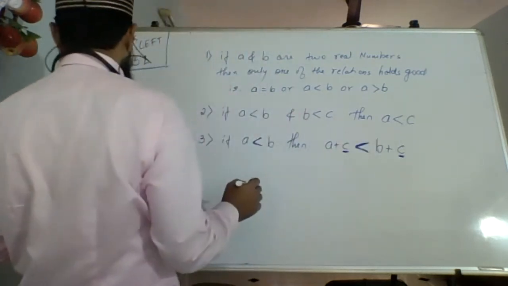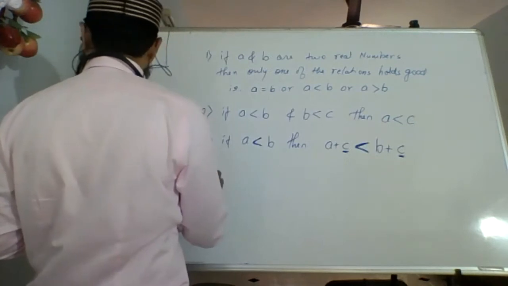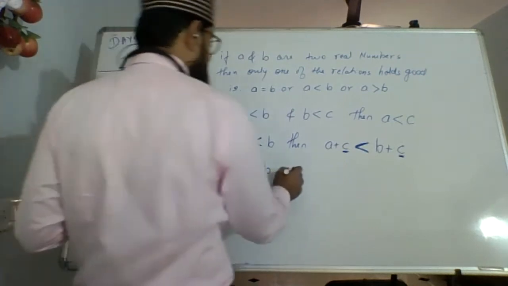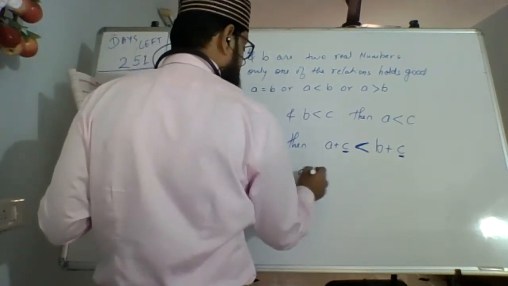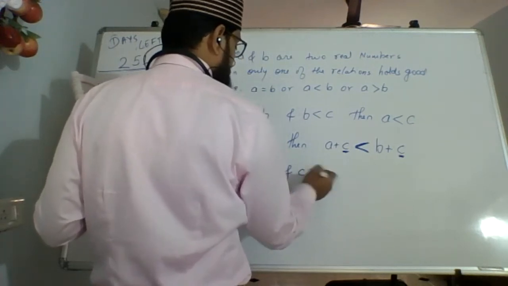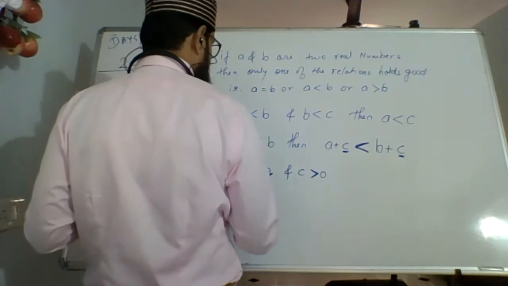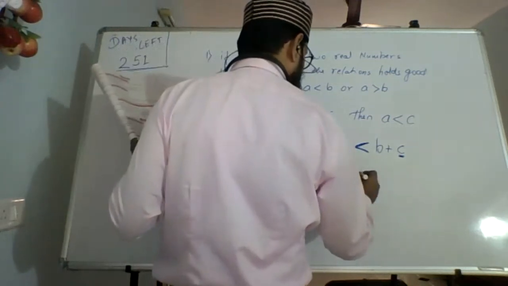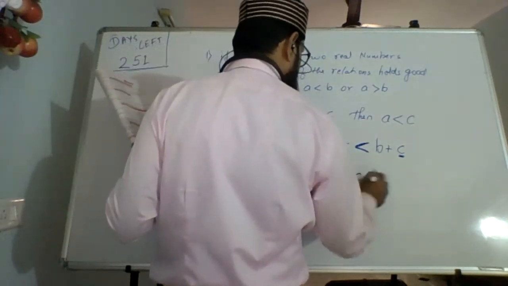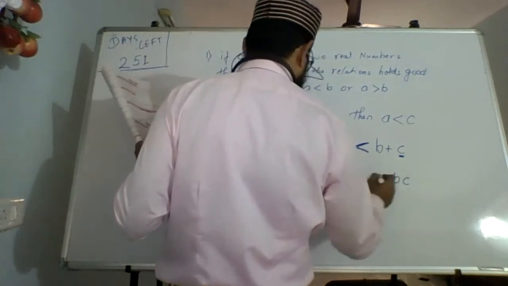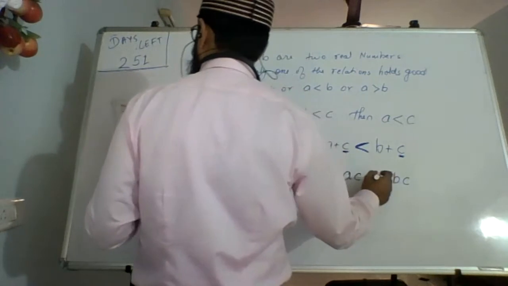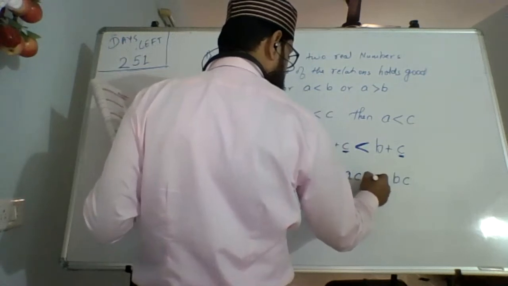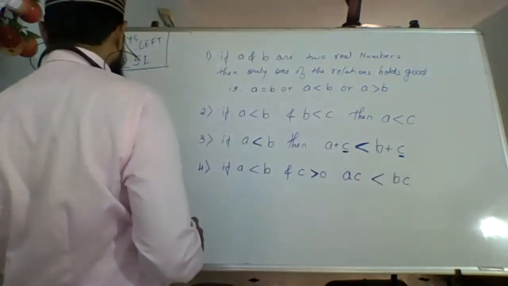The last one: if A is less than B and C is greater than 0, that means it is a positive integer or a natural number, then if I multiply both the sides by the same number, that is A into C and B into C, the relation will not change. So AC will be less than BC.